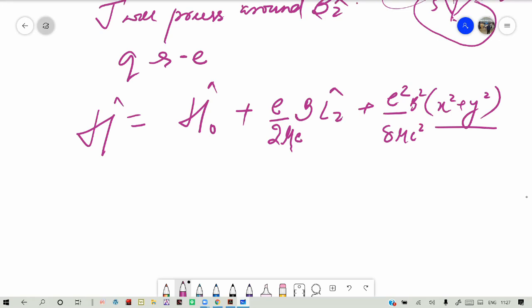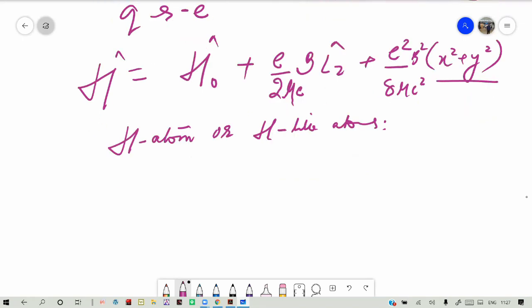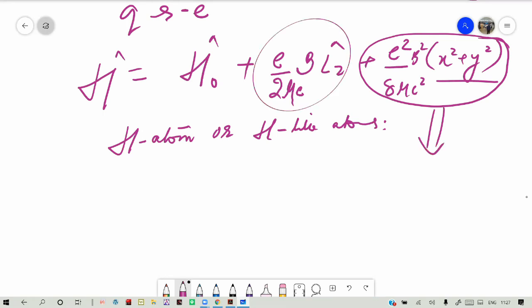Now if we take hydrogen atom or hydrogen like atoms, which are very light atoms, this interaction, this is a quadratic term, it's a quadratic Zeeman effect. This is a linear term, which we will study actually, B dot Lz.